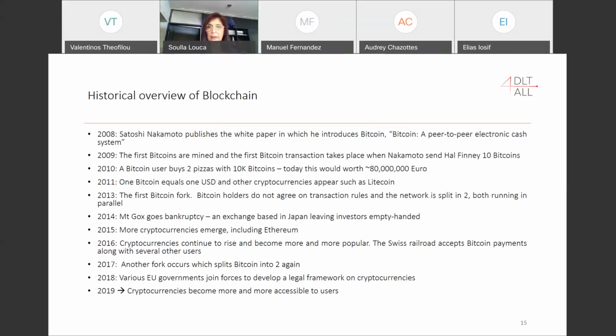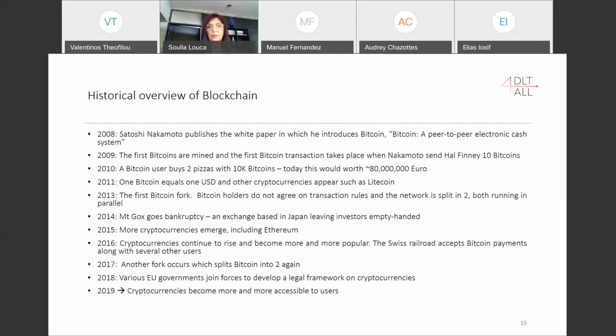The price today is close to 9 to 10,000 euros per Bitcoin. In 2011, 1 Bitcoin was equal to $1, and other cryptocurrencies started to appear, such as Litecoin.